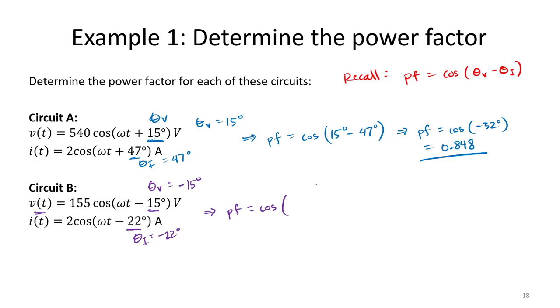Here we have cosine of negative 15 degrees minus negative 22 degrees. Be careful here. Notice we have minus negative, so that is the same as adding a positive. So negative 15 degrees minus negative 22 degrees gives us cosine of positive 7 degrees, which will be equal to 0.9925.